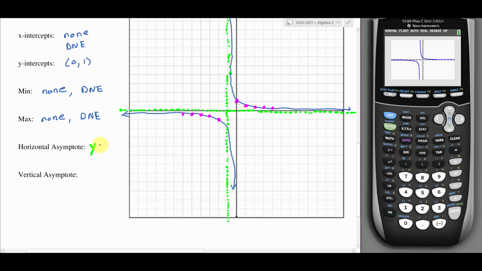So I'm going to say y equals 0. That's my horizontal asymptote. My vertical asymptote, which is right here, is going to hit the x-axis somewhere. And in this case, it hits it at -1. So I'm going to write this one with an x equals. So I'm going to say the vertical asymptote is located at x equals -1.